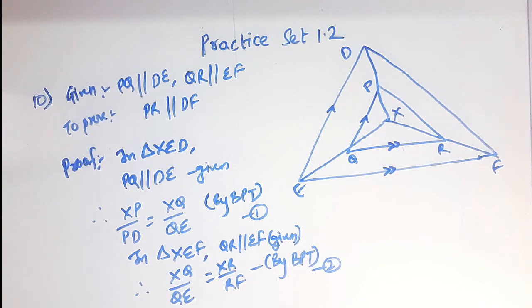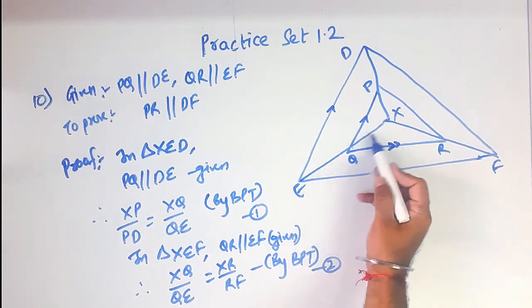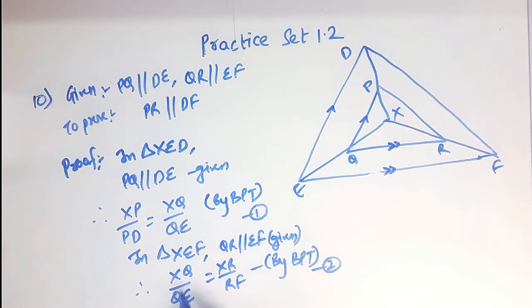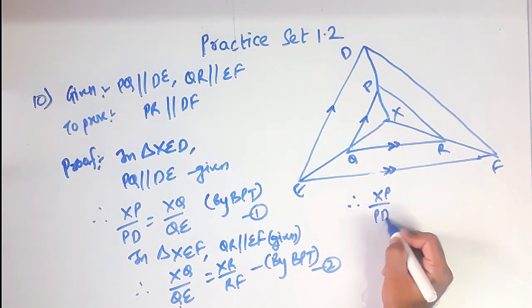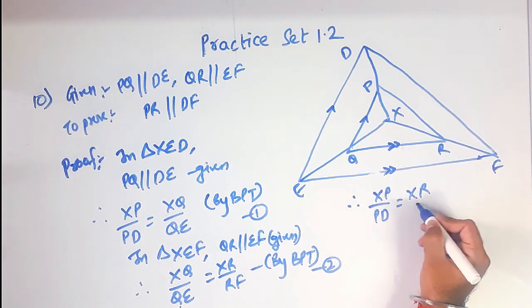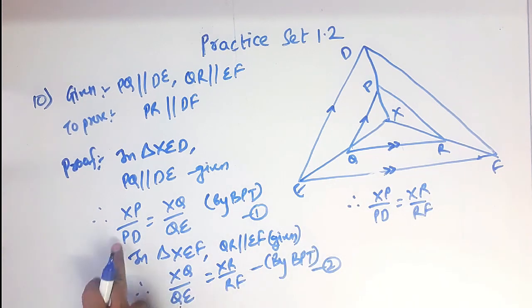Now in point number 1 and point number 2, if you observe, XQ upon QE is common in both. Yes or no? So if A is equal to B and B is equal to C, that means A is equal to C. Therefore XP upon PD is equal to XR upon RF.